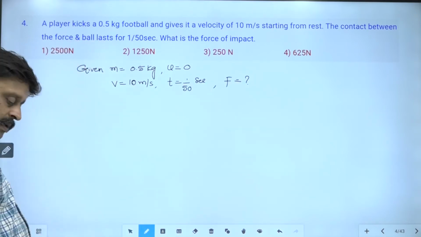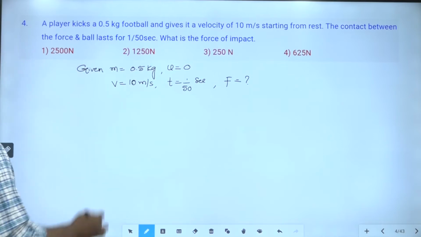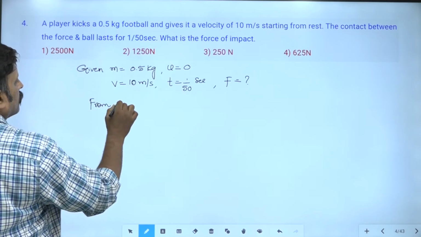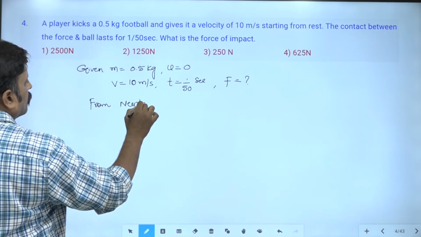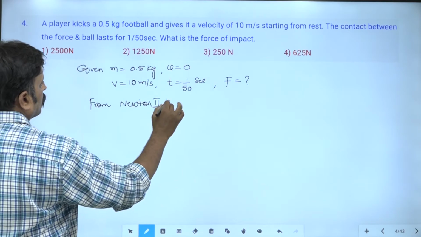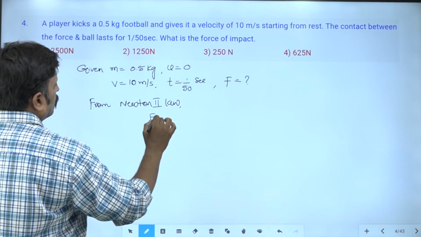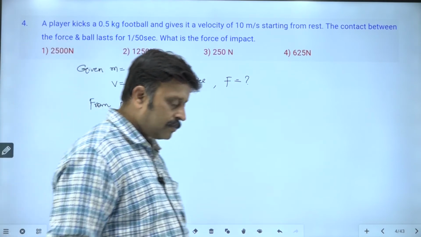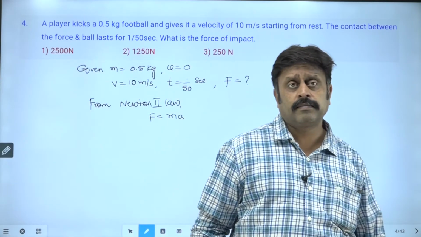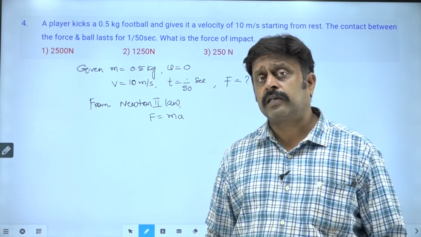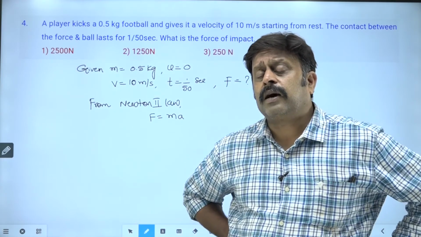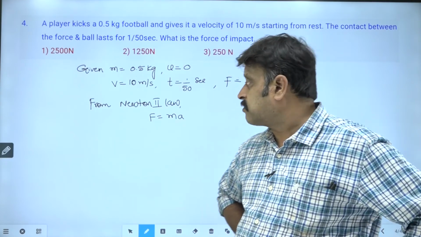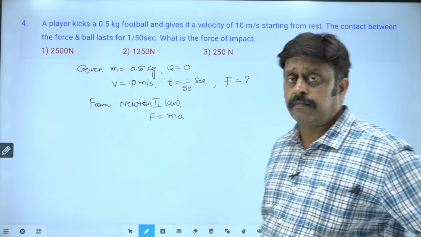Okay. See here. From Newton's second law, we know that F is equal to ma. Here we don't have acceleration, but the time is given. Final velocity is given. Initial velocity is 0 because the ball starts from rest. So let us try to express acceleration in terms of velocity and time.